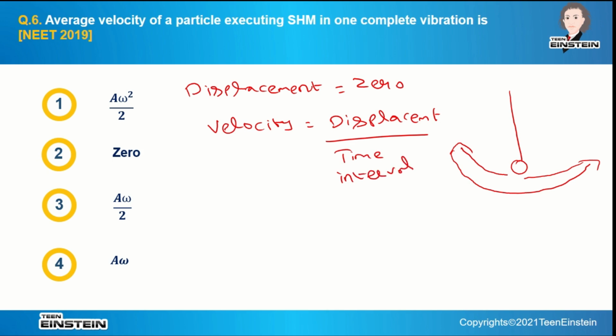Since the displacement is 0, your average velocity also will become 0. So the correct answer is option 2. The average velocity of a particle executing simple harmonic motion is 0 for a complete vibration.